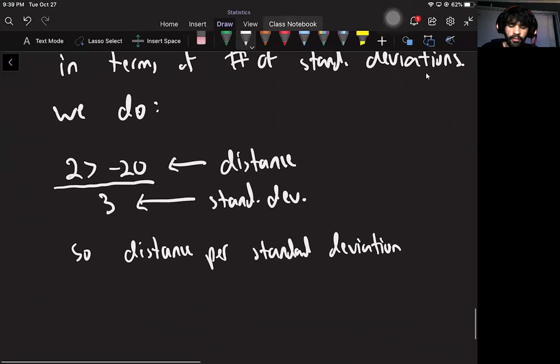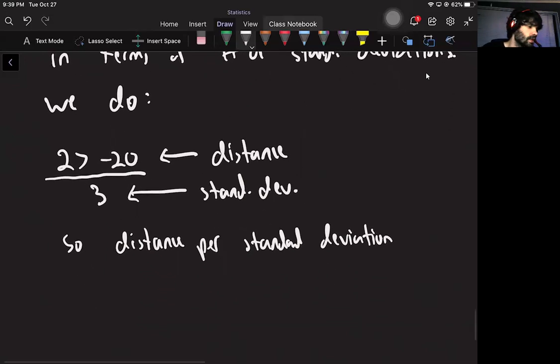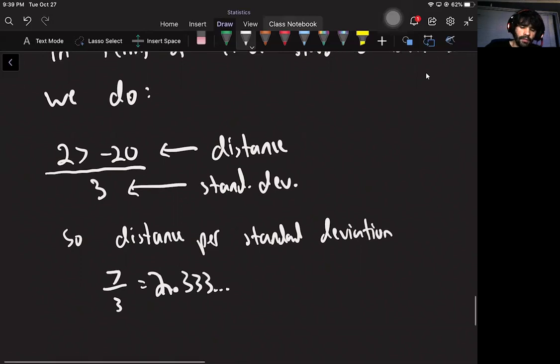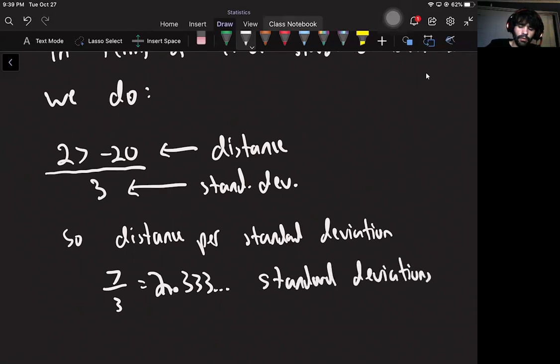So that'll tell me how far away 27 is in terms of standard deviations. So 27 minus 20, that's just 7. Divide that by 3, 2.33 repeating. So the idea is that that means that 27 is 2.33 repeating standard deviations from the mean.